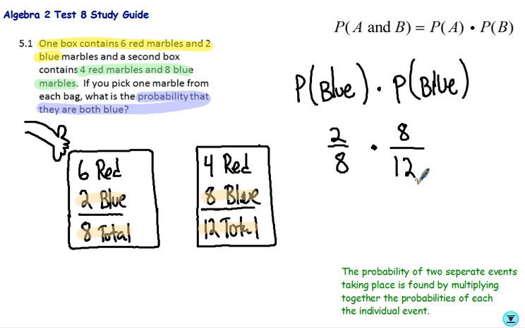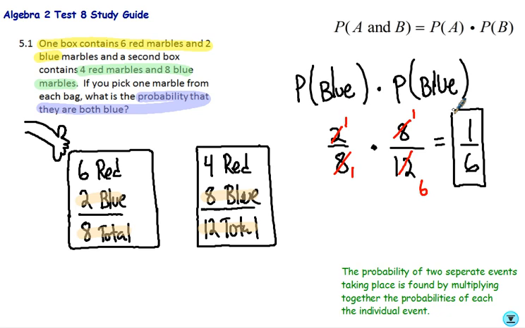Remember, when you multiply fractions, you can cross cancel first to make it a little easier. So the 8s cancel each other out, and 2 goes into 12 6 times. Then I just multiply straight across and I get 1 out of 6. So there is a 1 out of 6 chance that you would get those 2 marbles.